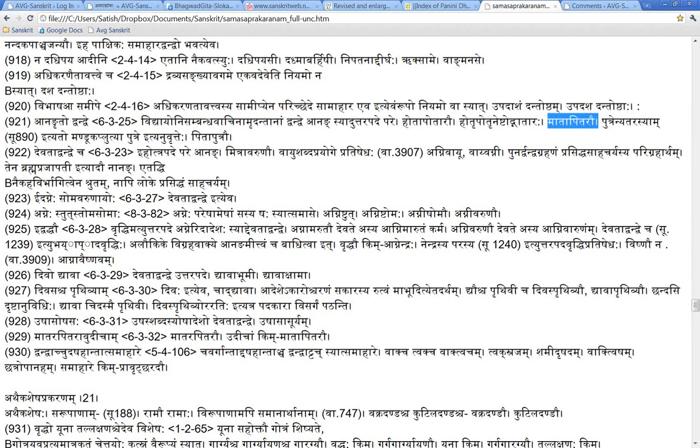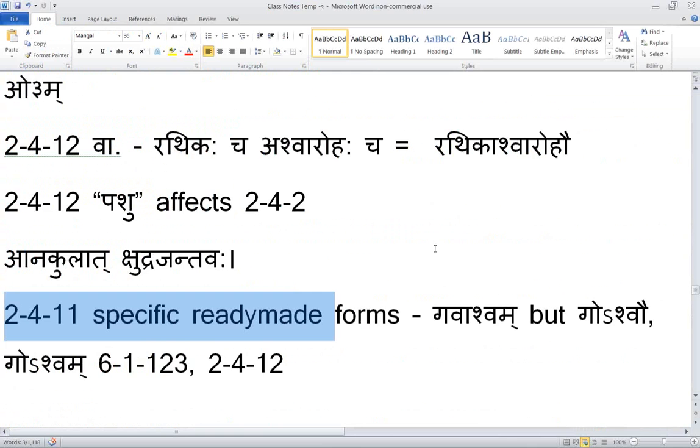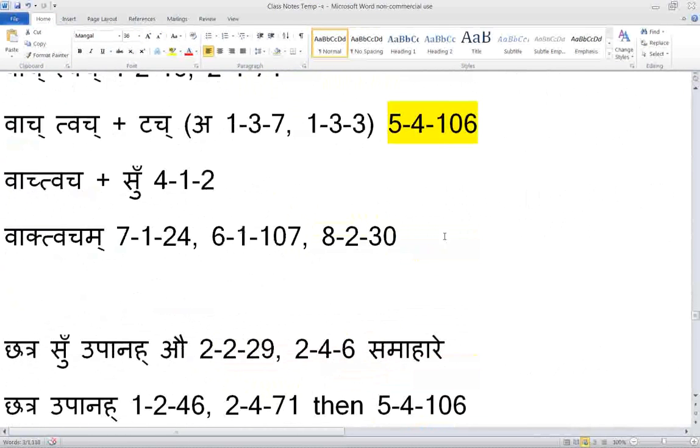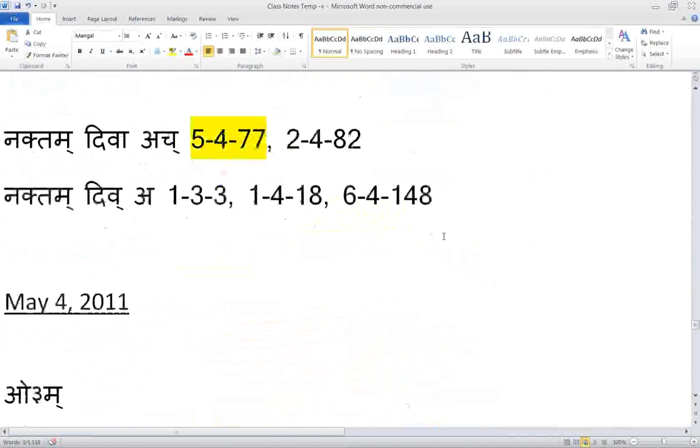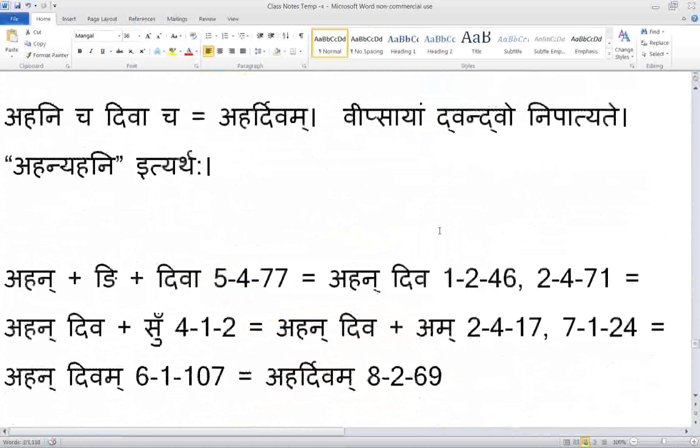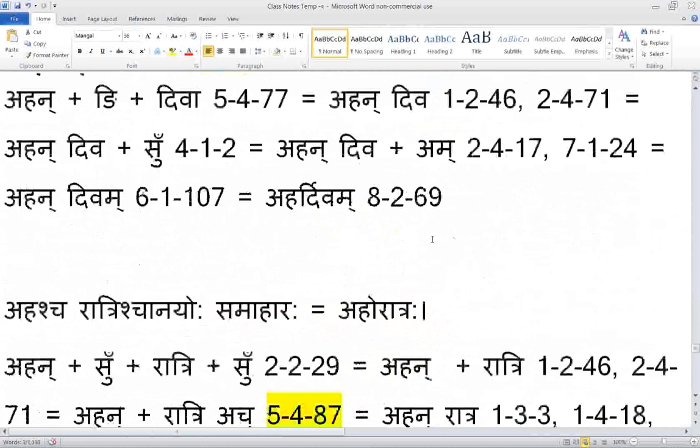Mata Pitarau, we did in the class last time. Mata Cha Pita Cha Mata Pitarau. Again, remind yourself why Matru goes first and Pitru goes second, even though Pitru has a laghu vakshara, while Matru has a guru, because of Abhyarhitancha.